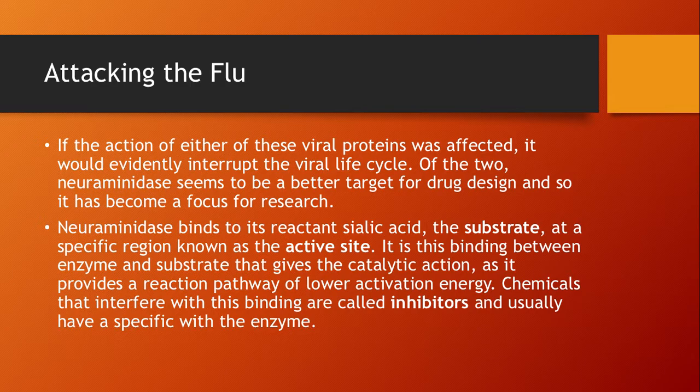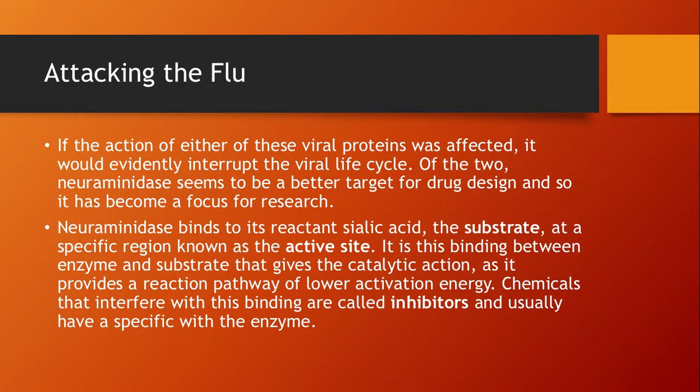Well, of these two, the hemagglutinin and the neuraminidase, neuraminidase has been the better target for drug design, and so it has become the focus of research. So neuraminidase binds to its reactant sialic acid, which is the substrate, at a specific region known as the active site.